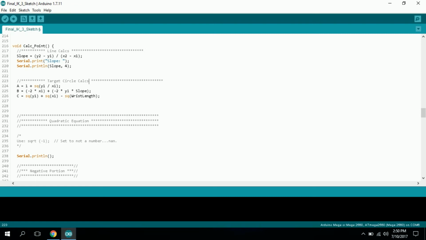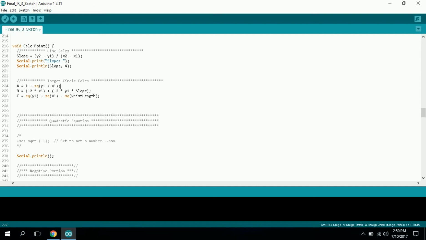And then you square y1 over x1 to get the second portion. And so it may be 1 plus 0, or it may be 1 plus some other value, and that's what this value is. And that constitutes that number in front of the x squared. Same with b.